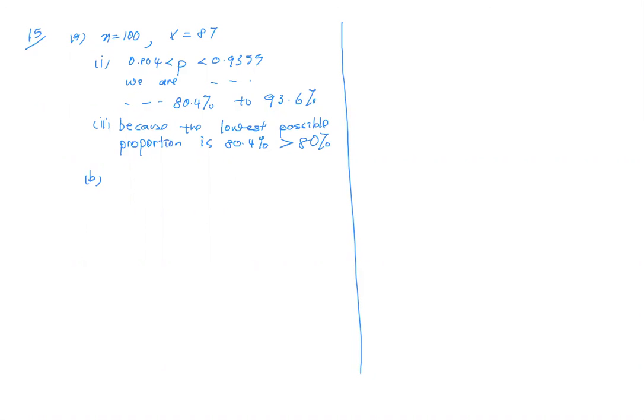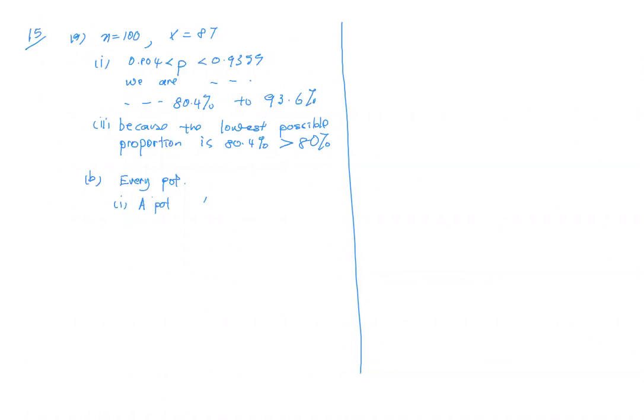The manager wants to make sure more than 90% of the trays can be sold. So now B, the manager decides to plant 2 seeds in every pot. Calculate the probability that if 2 seeds are planted in a single pot, at least one of the seeds will germinate and grow into a seedling. So now part 1, we are talking about a pot.